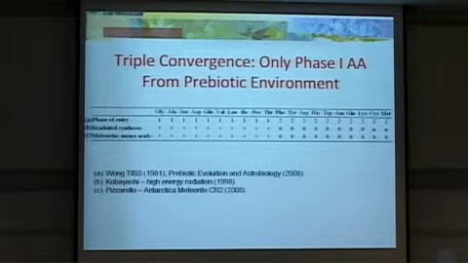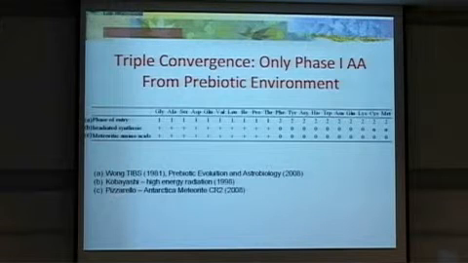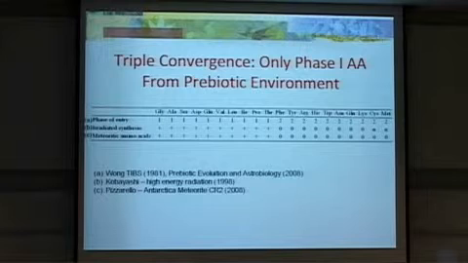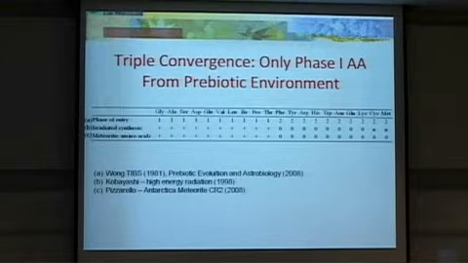The latest work is this year from Pizzarello's analysis of one of the best preserved Antarctica meteorites, and she finds 10 amino acids on the meteorite. Those amino acids are exactly the same 10 phase 1 amino acids. So these 3 lines of evidence converge and tell us that life started with 10 phase 1 amino acids. The others are latecomers, and they work their way into the genetic code.